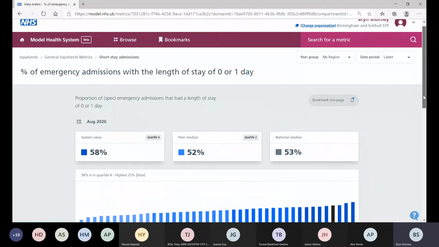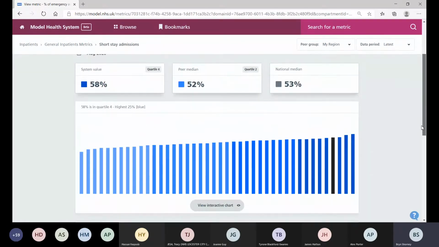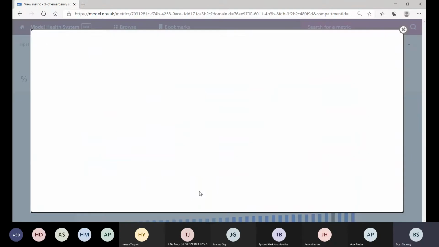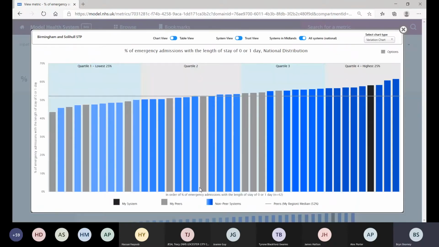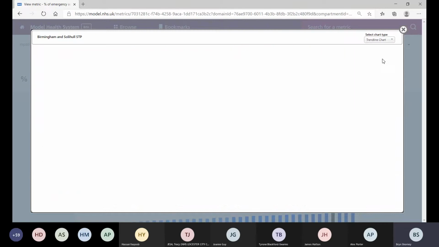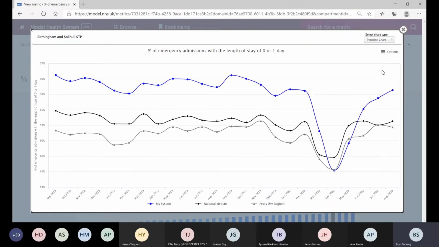So for example, this one being the percentage of emergency admissions with a length of stay of 0 or 1 day. And again, you can go to the interactive chart. So again, you can see there that variation between the STPs, ranging from 44% in Lincolnshire to 62% in Buckinghamshire. And again, you can just show some of that charting functionality.